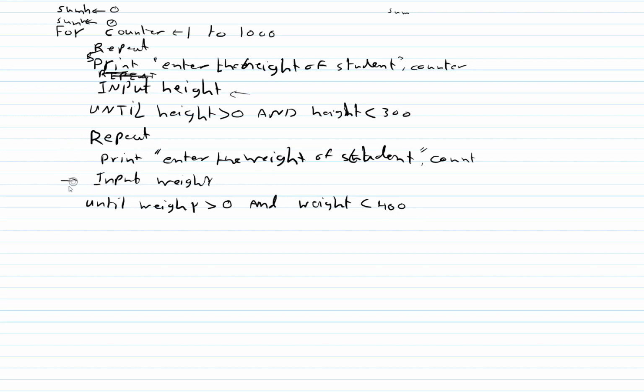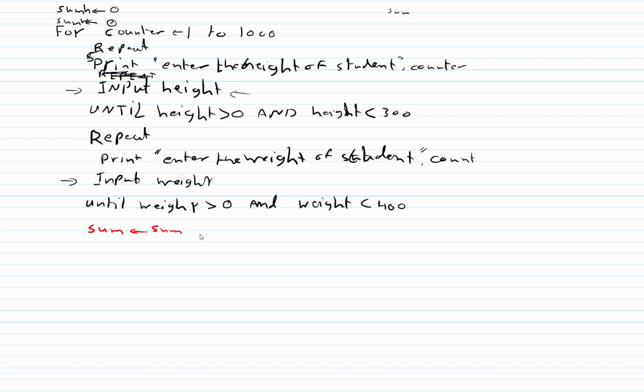Now after we get the input, the height and the weight, we can add the value of heights to sum. So we can say sum, we assign the value of sum equals sum plus the height.